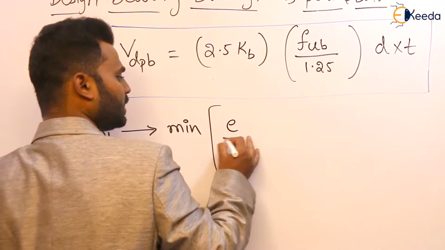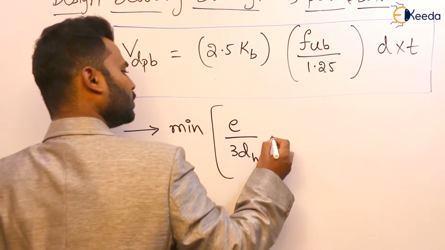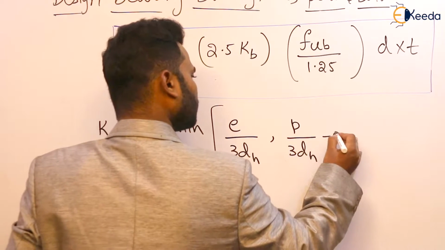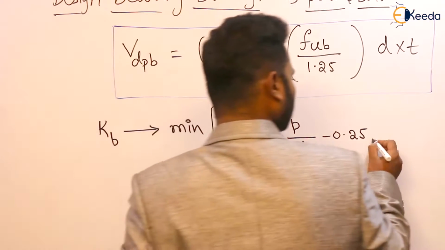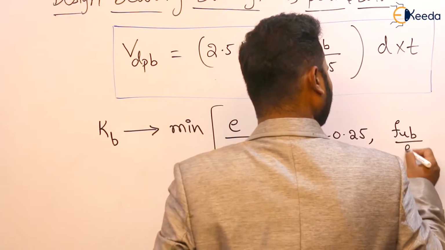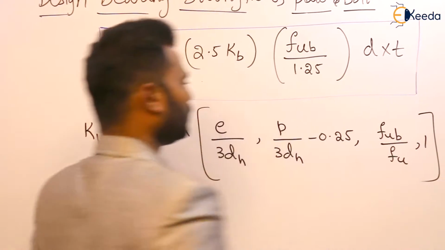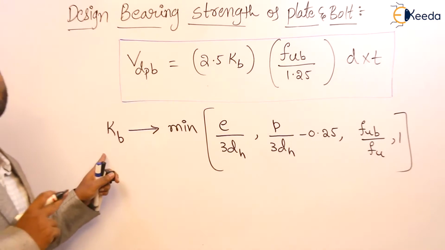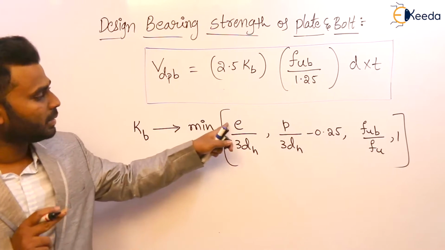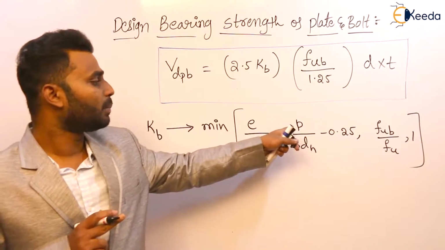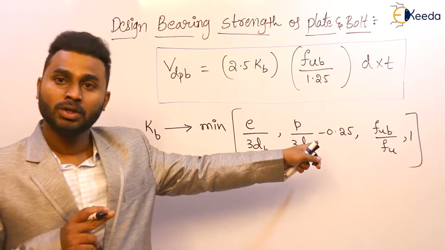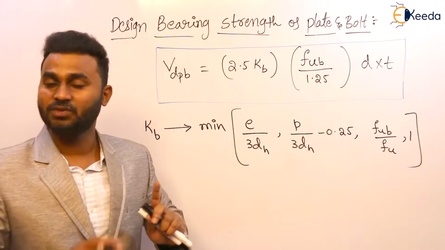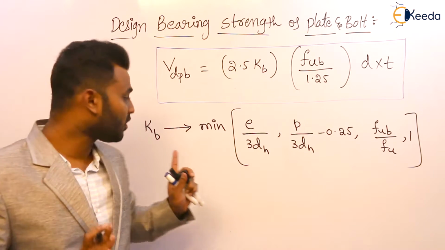Let us see: e by 3dh, comma, p by 3dh minus 0.25, comma, fub by fu, comma, 1. Out of all these, whichever is the minimum comes out to be the kb value, and we have to take that as the kb value. So out of this: e by 3dh, this is one term, and p by 3dh minus 0.25, and fub by fu, and 1. Whichever is the minimum is the value of kb.